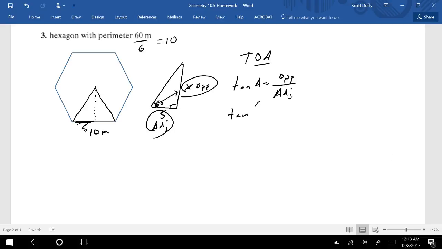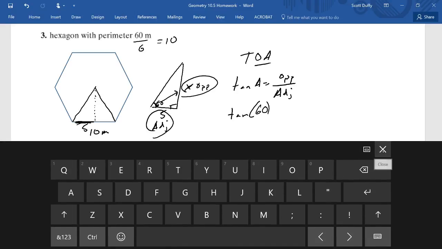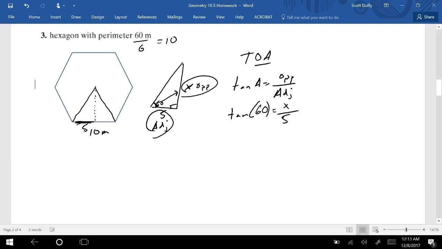The tangent of the angle, 60, is equal to opposite x over adjacent 5. Multiply the 5 over to the other side to get x by itself. So x, or the apothem, is equal to 5 times the tangent of 60.